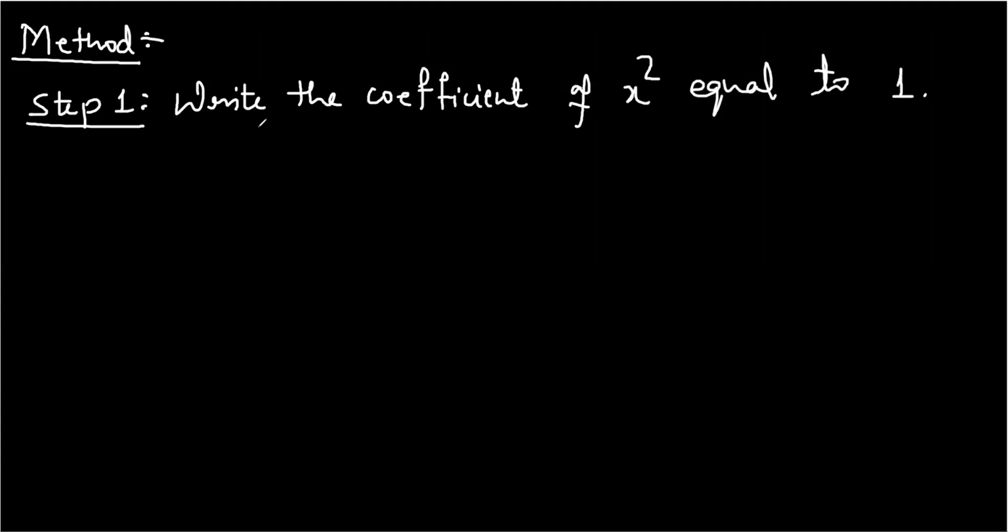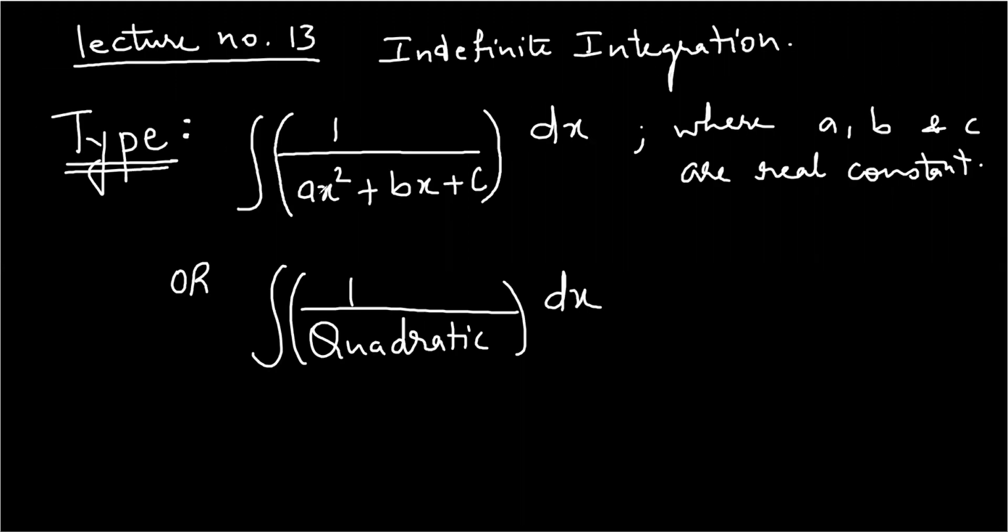You can say make the coefficient or write the coefficient, whichever is proper, because we are making it. If the coefficient of x square, which is a, is not 1, say it is 2 or -3, something other than 1, the first step is to make it 1.